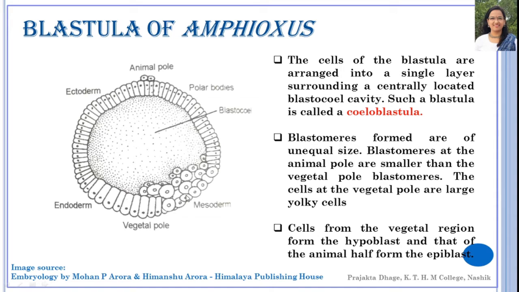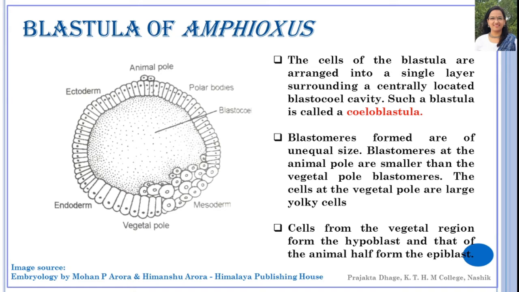So this particular layer is the hypoblast layer, and this one is the epiblast layer. The epiblast is going to give rise to epidermis, the neural cells, the notochordal cells, and the mesodermal cells. So basically all the origins of the epiblast are going to be either mesodermal or ectodermal. So this is about the blastula of Amphioxus.